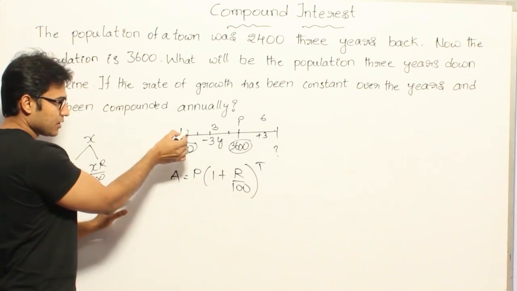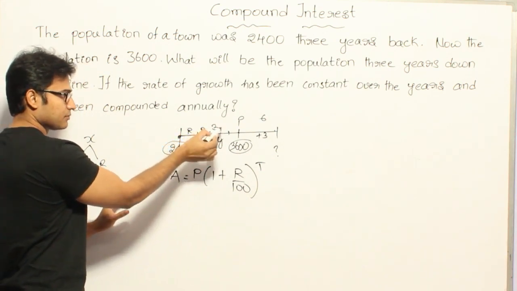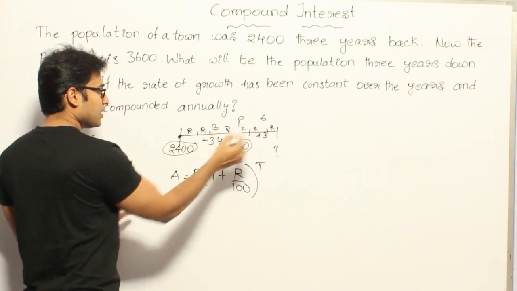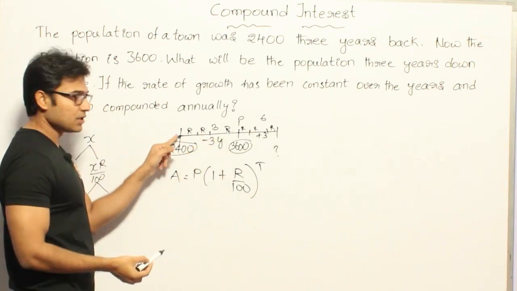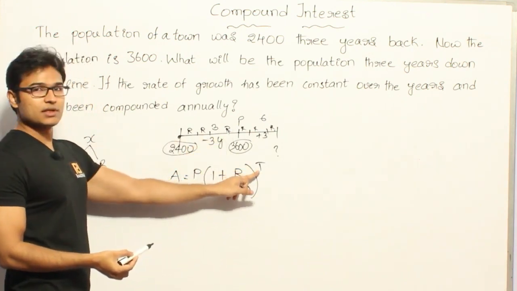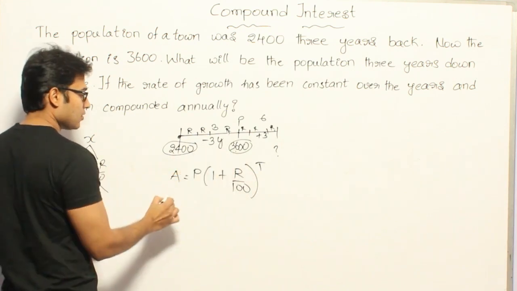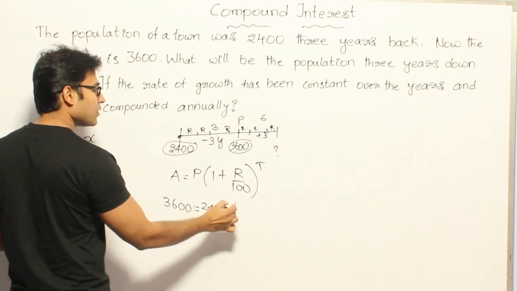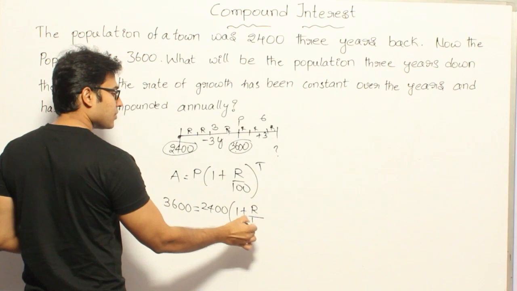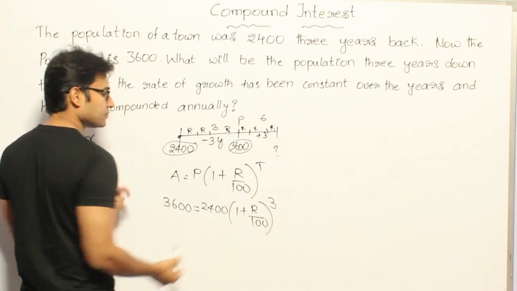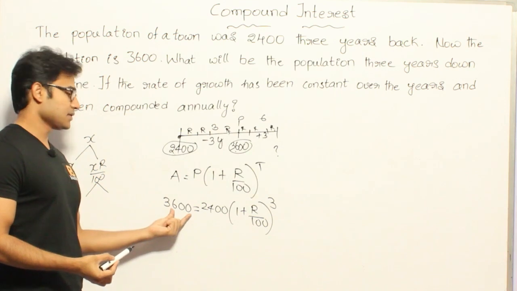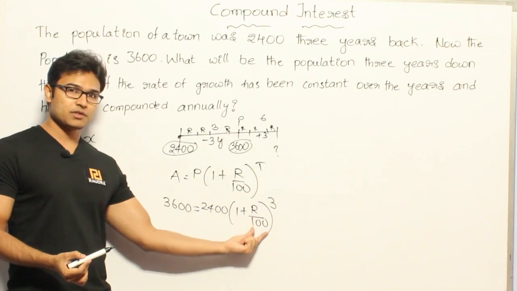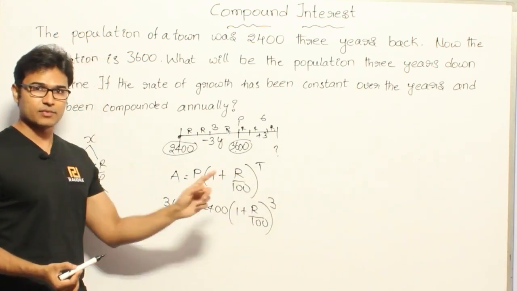If you assume the rate per year is R, there are 3 years in this and 3 years in this, therefore R and R. From here to here there are 3 parts, each of rate R. That is why I can say that 3600 is the result of compounding 2400 at a rate of R% per annum for 3 years. I can write this. Got it?